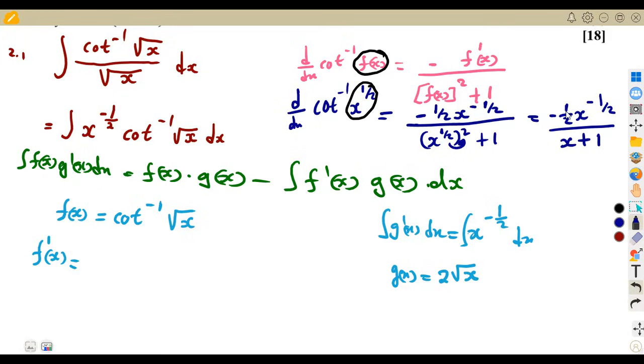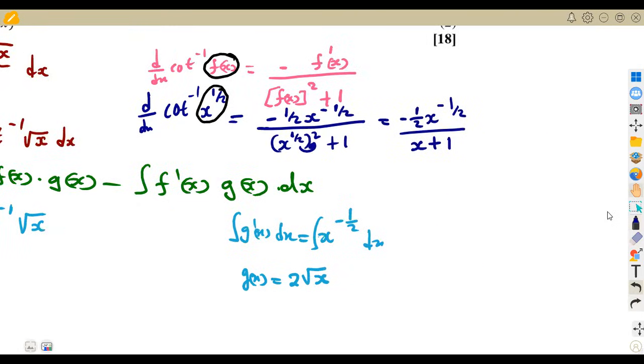And on this part, if we take a closer look, we can even write this in simplest form. Negative half can be written as negative 1 over 2 like this. Then x to the exponent of negative half, if we take it down, is going to be x to the exponent of a half.